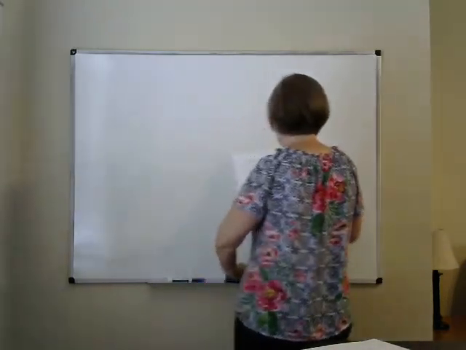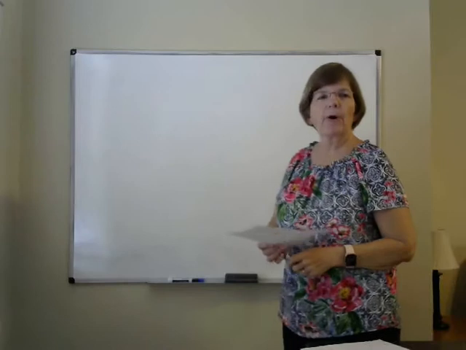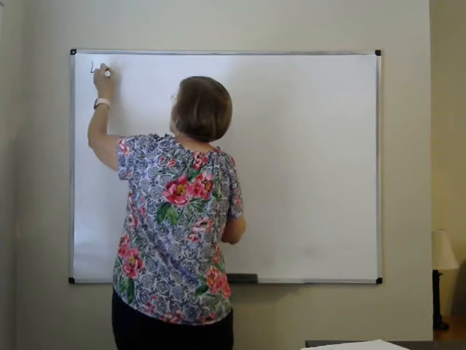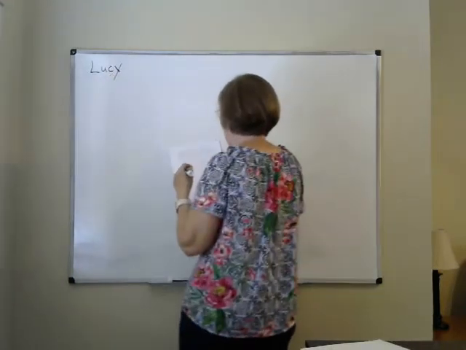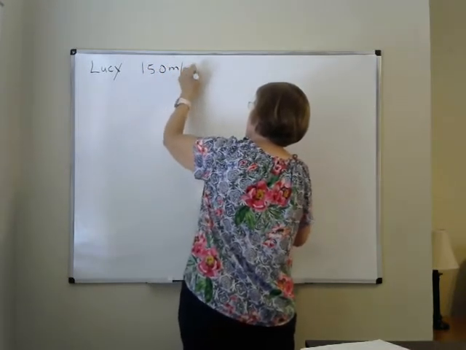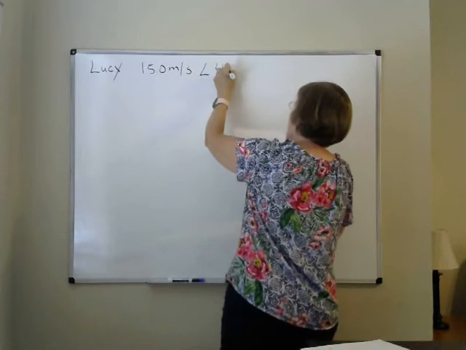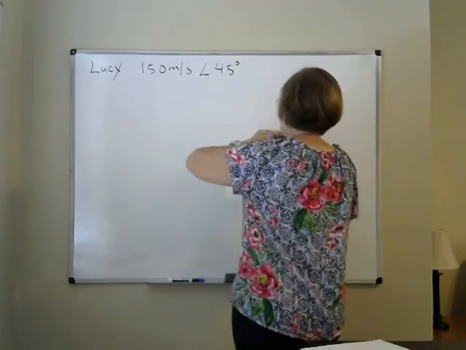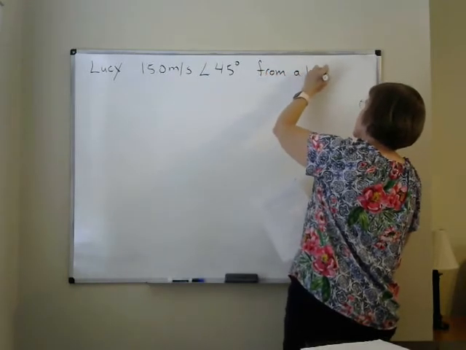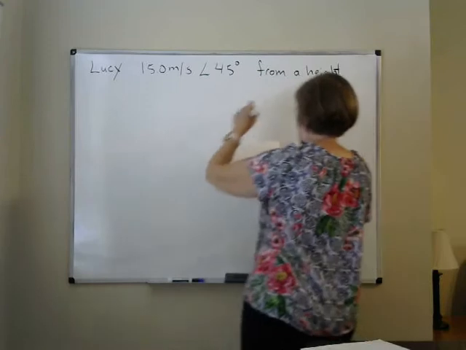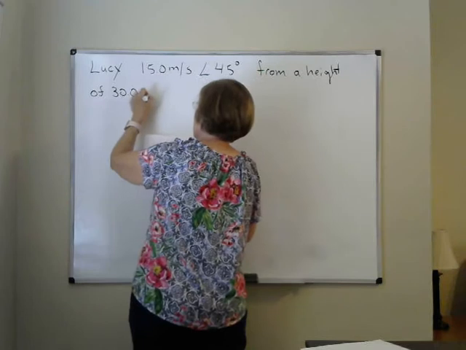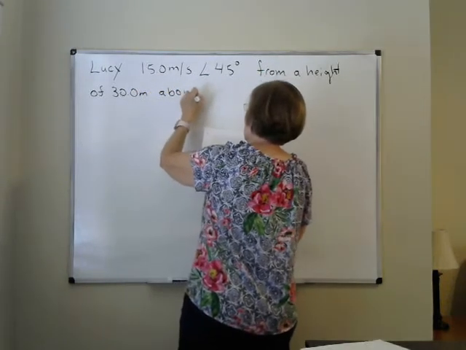Here we have my favorite. It's the human cannonball problem. It says that Lucy is launched from a cannon at a speed of 15.0 meters per second at an angle of 45 degrees from a height of 30 meters above ground.